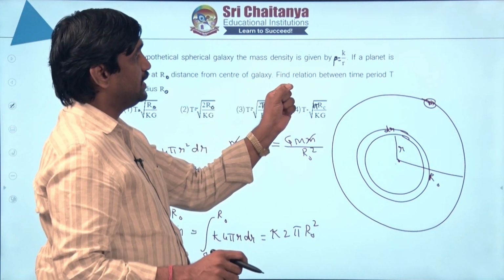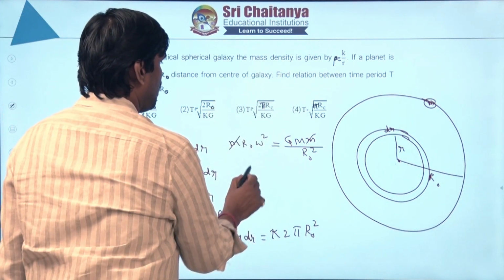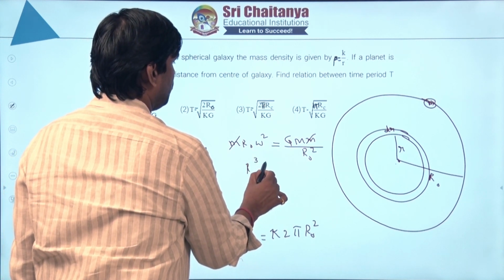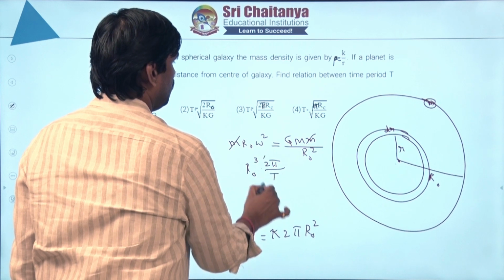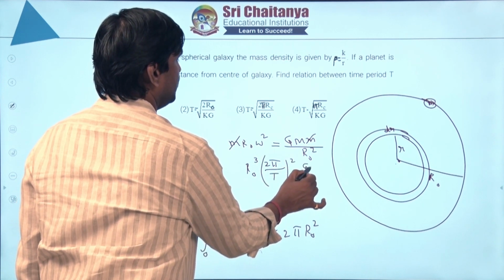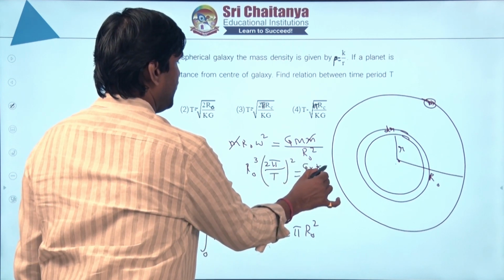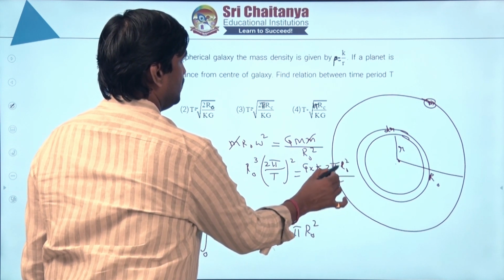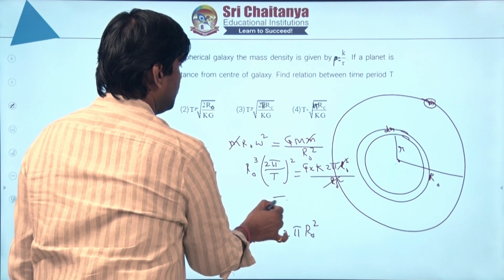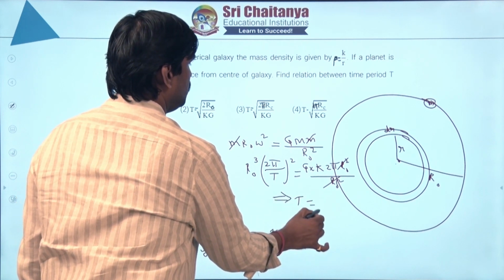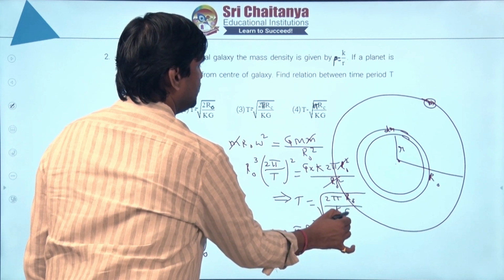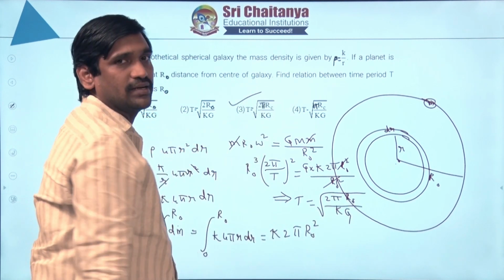Now r0 cube omega, 2 pi by T whole square, G capital M, k 2 pi r0 square by r0 square. Now this gets cancelled. By calculating, T is equal to square root of 2 pi r0 by kG. So the third option is the correct answer.